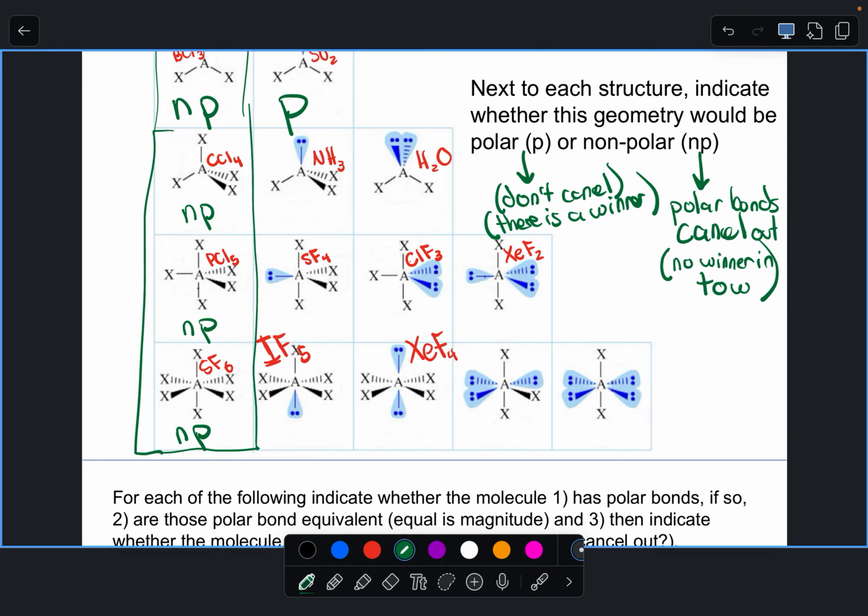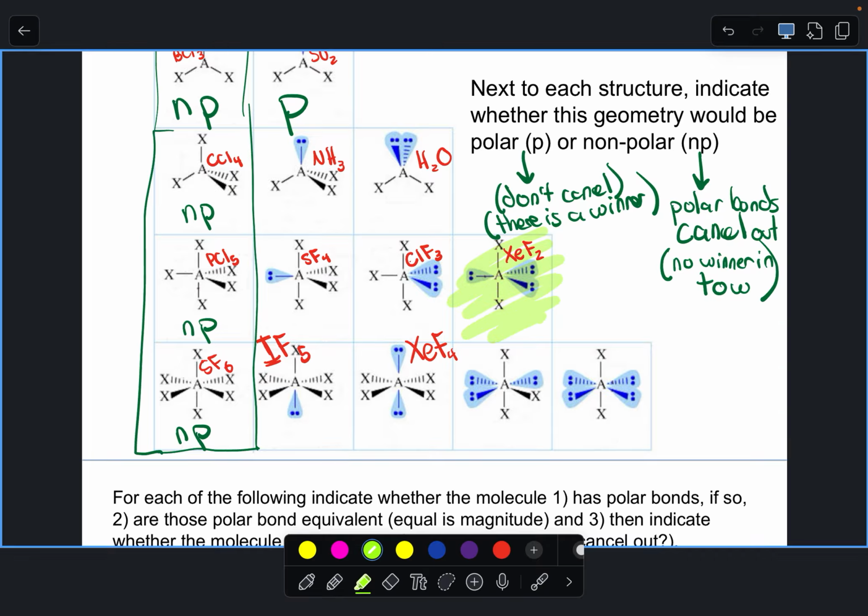Okay? There's a caveat, so wait for it. This does not mean that just because there's a lone pair, it's polar. So we're going to look at those examples next. So I'm going to highlight them to be very clear.